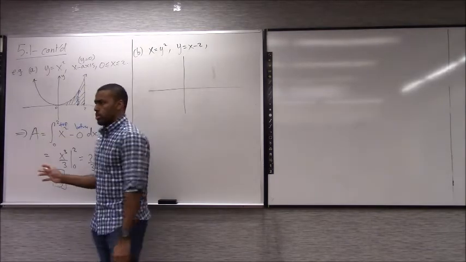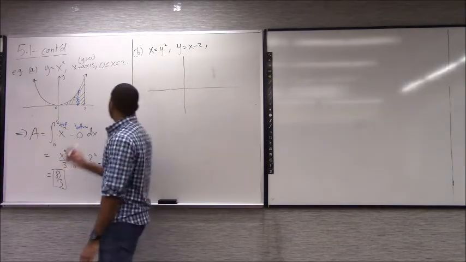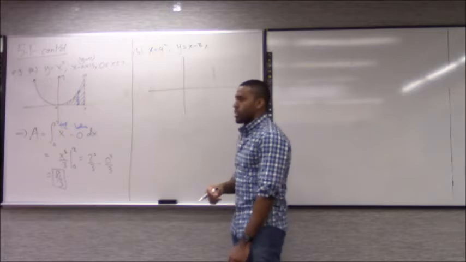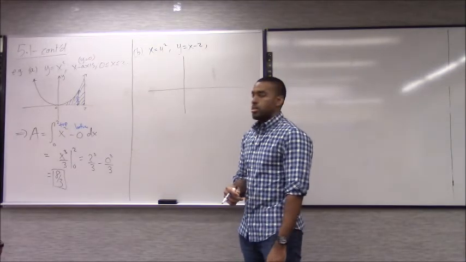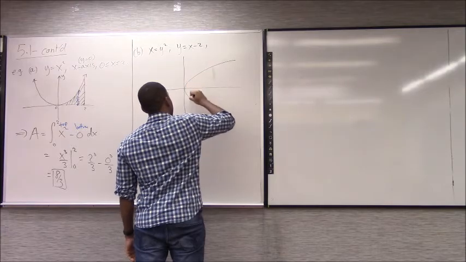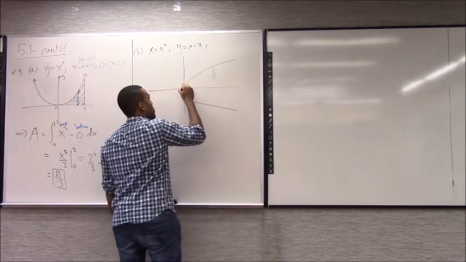Any other questions on this one before we move on? Okay, the second example: y equals x minus 2, and the area bounded by x equals y squared and y equals x minus 2. You're not given any limits, which means you want to find the limits defined by the curves themselves. We can again sketch this out. What does x equals y squared look like? It's a sideways problem, so it'll look like this, passing through the origin.